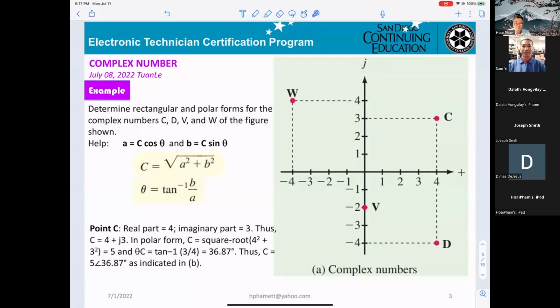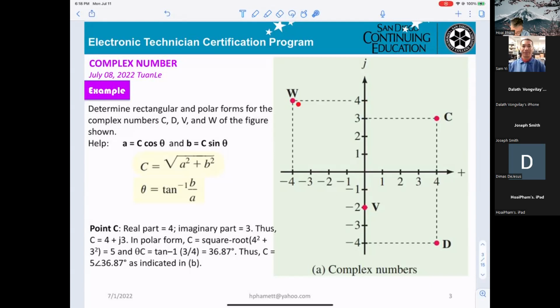Mr. Pham, just before you go to that, can I ask something? Go ahead. The reason why I initially said -4 is because you got -4 and then a 4 going down on the y-axis. You can see right here, W. For imaginary, that number 4 means J4.